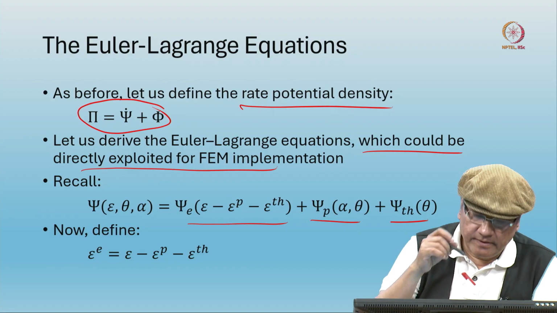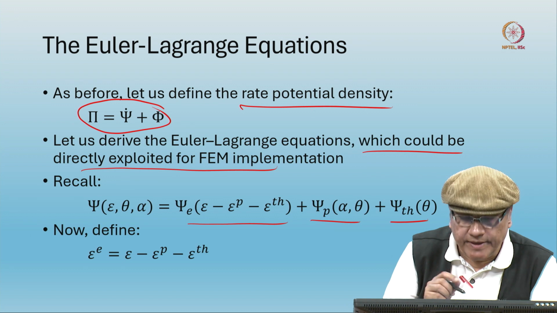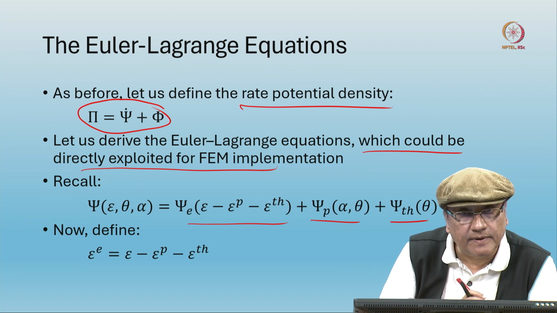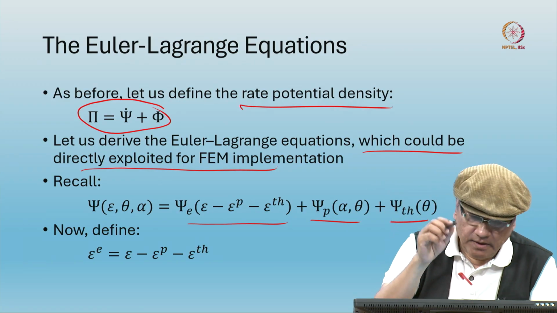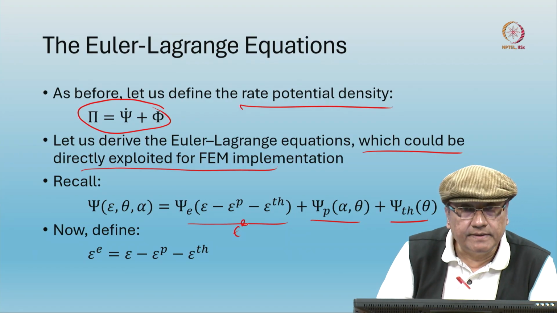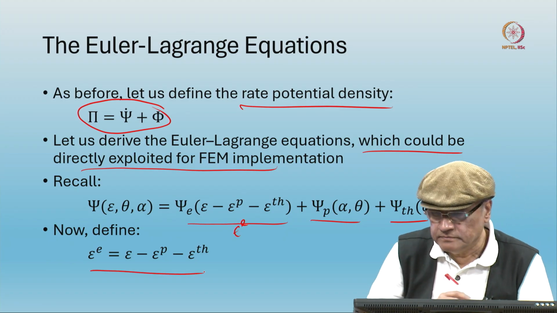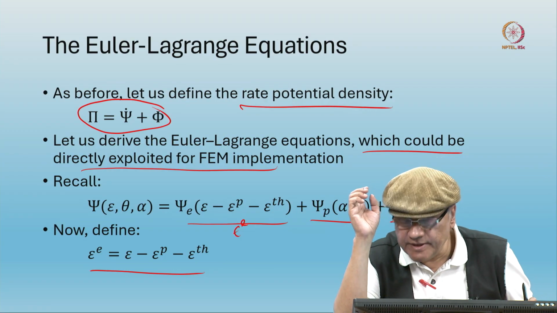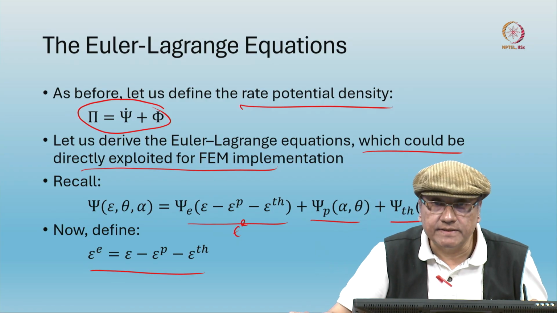The elastic part will be purely dependent on the elastic strain, which is defined in terms of epsilon, the total strain, minus the plastic part of the strain, minus the strain due to the thermal part. That is my epsilon E, the elastic strain, which is also written here. So psi E, the elastic part of the free energy psi, is only a function of the elastic strain.